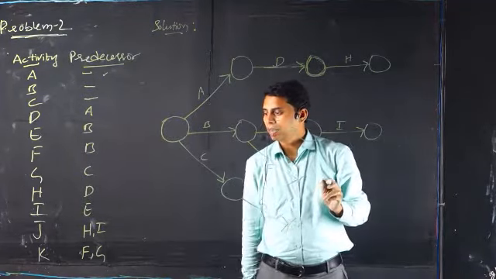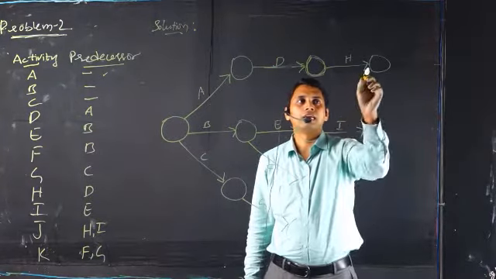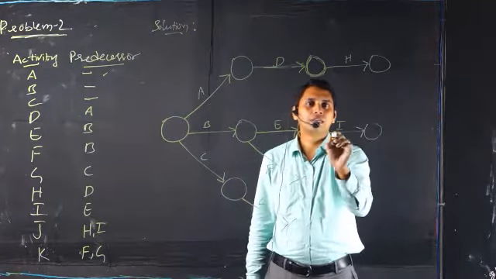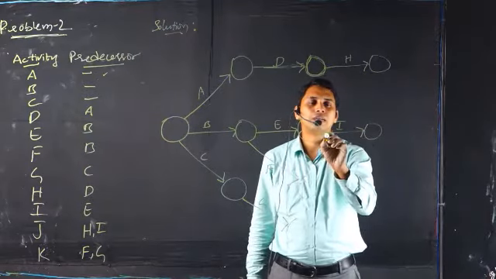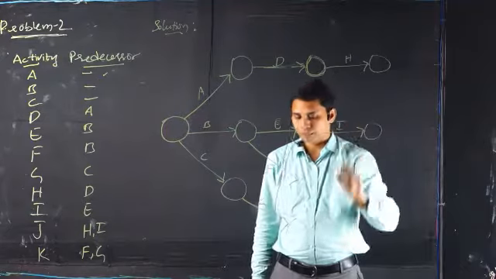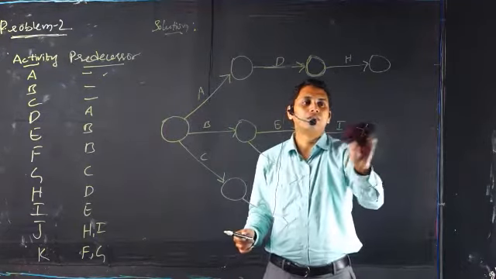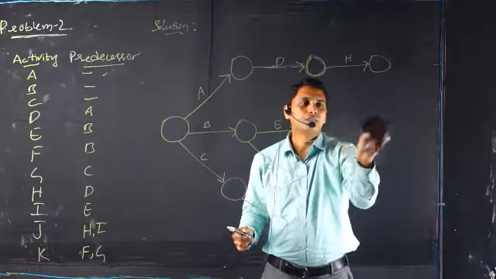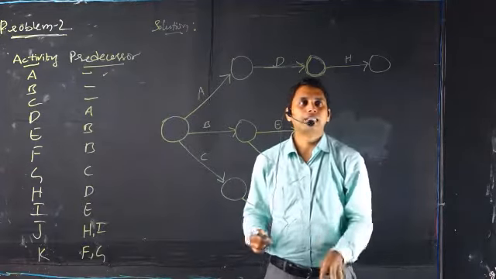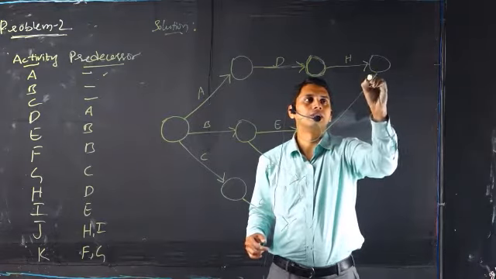Before, while writing E here, E and H were both separated. So now, for writing I, what we do is we join this I directly to H. Let's join in this way.